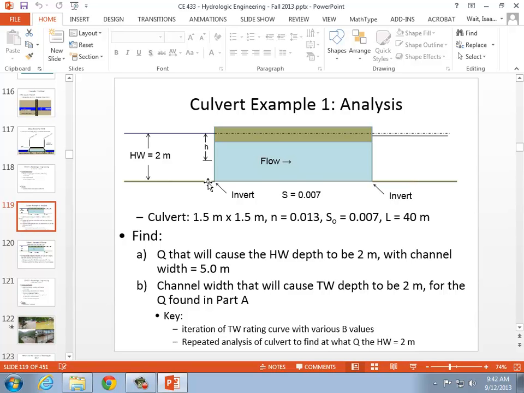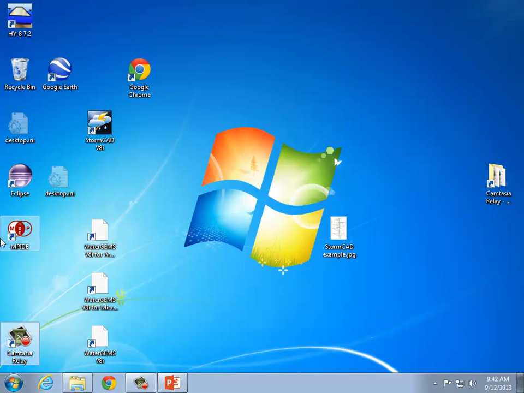Since the culvert itself is 40 meters, we're going to say that the top width is 40 meters as well, because we're treating the top in such a way that it can assume that there's overtopping and it's a broad crested weir. So I think that's all the geometry we have to understand before we can start putting things into the program.